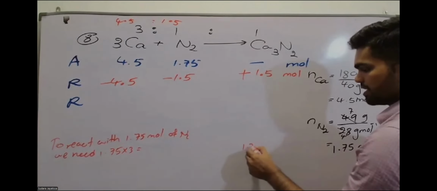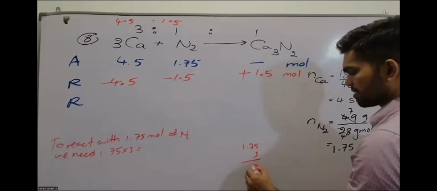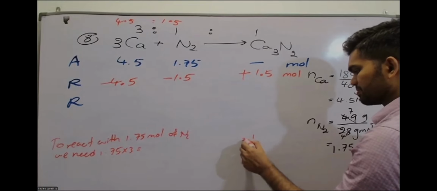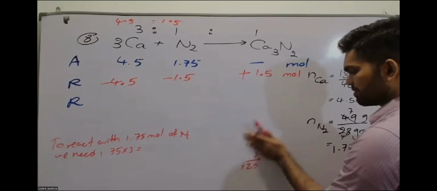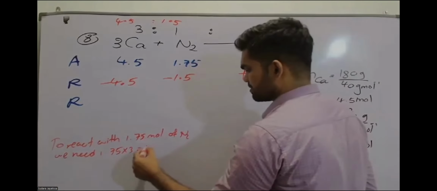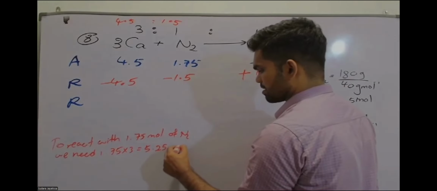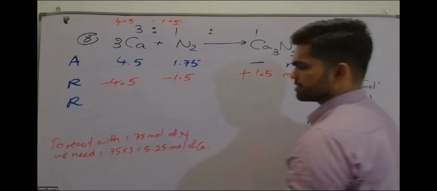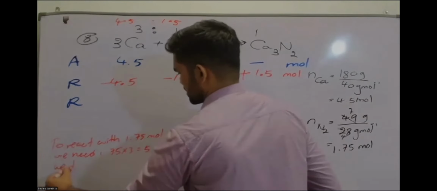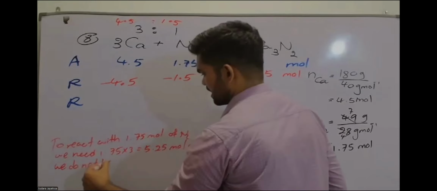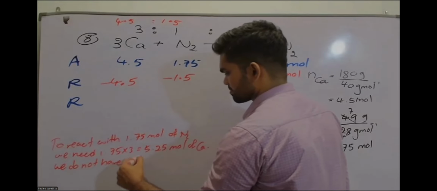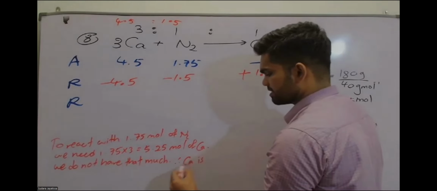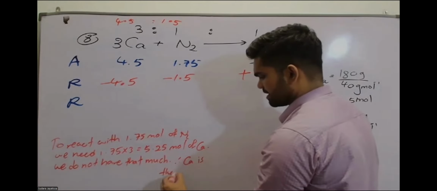We need 5.25 moles of calcium. So we do not have that much. Therefore, calcium is the limiting reactant.